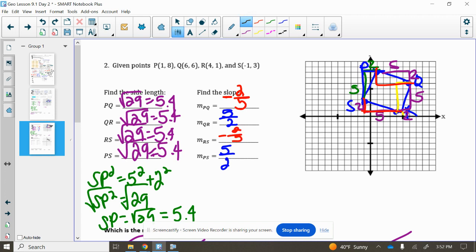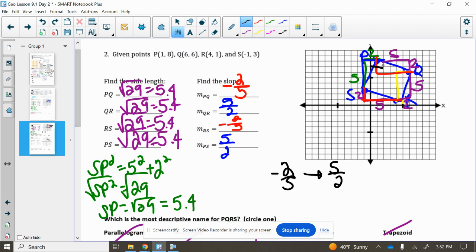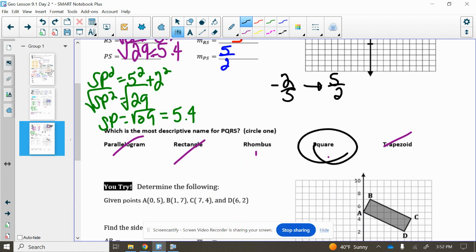So when we compare -2/5 to 5/2, we flipped the sign and the fraction. So yes, these are going to be right angles because of these opposite reciprocals, creating those right angles. So inside of here, not only are all 4 sides equal, but we are creating 4 right angles. So this is an example of a square.